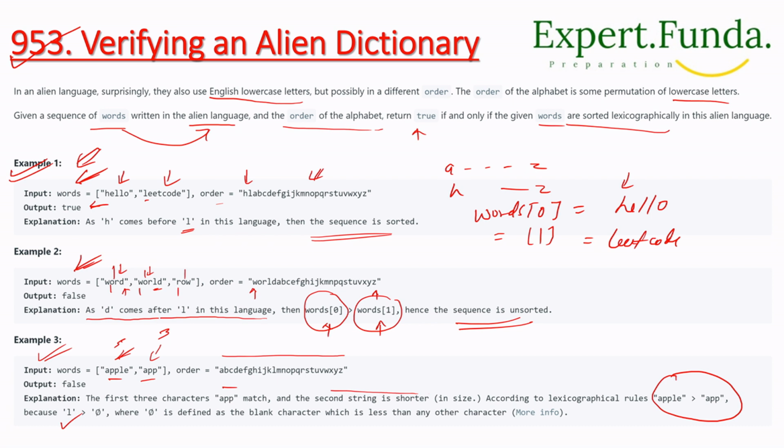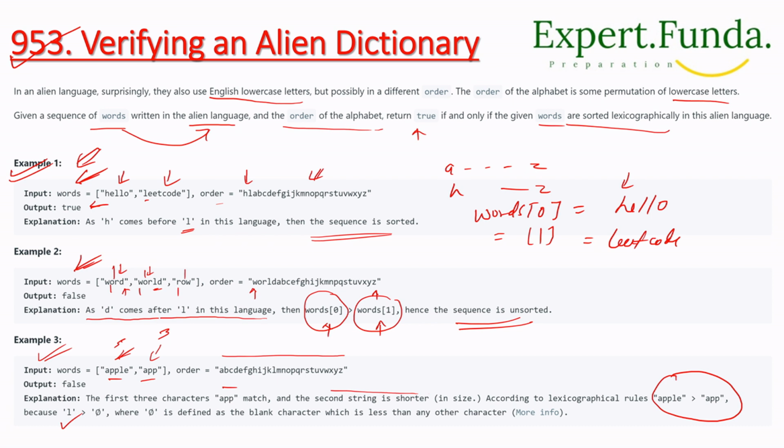But we don't need to compare every word to all of the words on its right side. We can just compare each pair of adjacent words, right? And if all the pairs of adjacent words are sorted, then we can safely conclude that the words are sorted. If any pair of adjacent words is not sorted, then we know the words are not sorted.